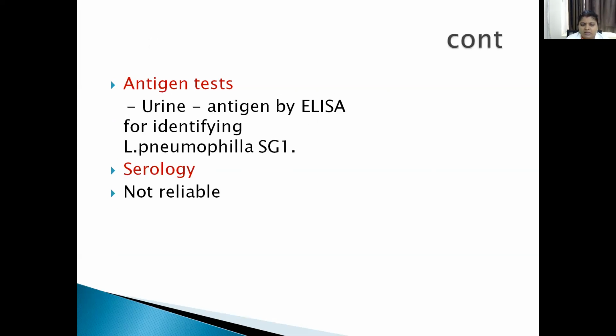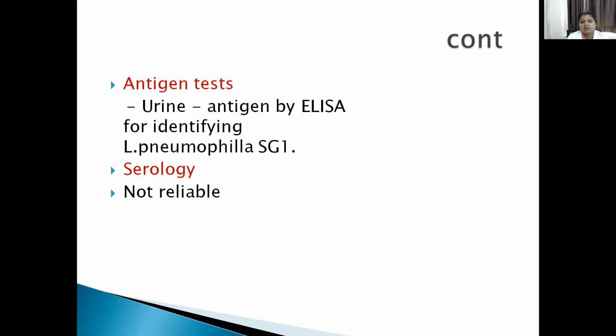For antigen detection, the specimen that we use is urine. Using the urine specimen, Legionella pneumophila can be identified by the latex agglutination test or by ELISA test for detecting Legionella pneumophila serogroup 1.